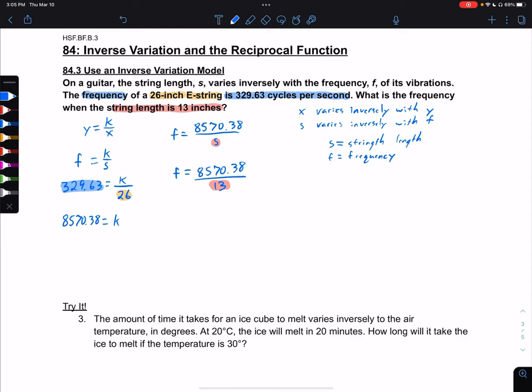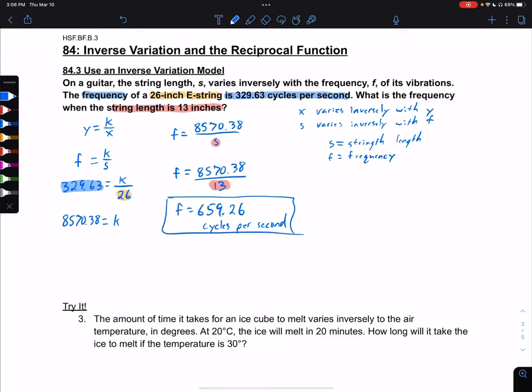That's where the 13 goes, not in the previous part. So then we would do 8,570.38 divided by 13, and we would get 659.26, and that is cycles per second.